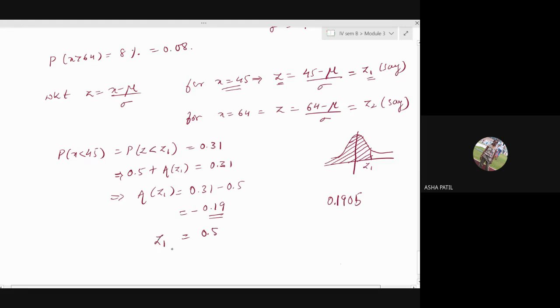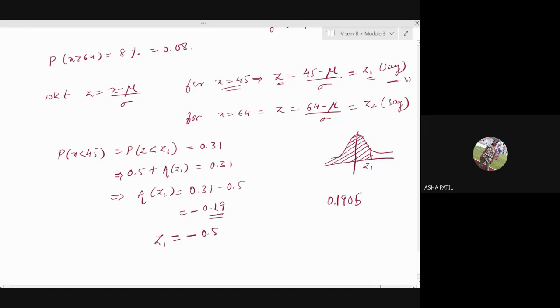Z1 will be 0.5, with A of Z1 being 0.19. But here minus is there. In the table we don't have any minus, and when you look at the table, this implies Z1 has to be minus. So we will take Z1 as minus 0.5.